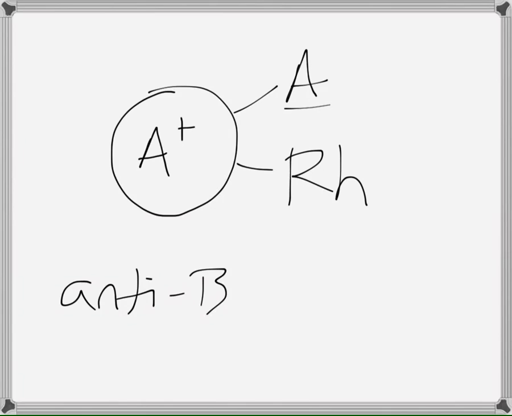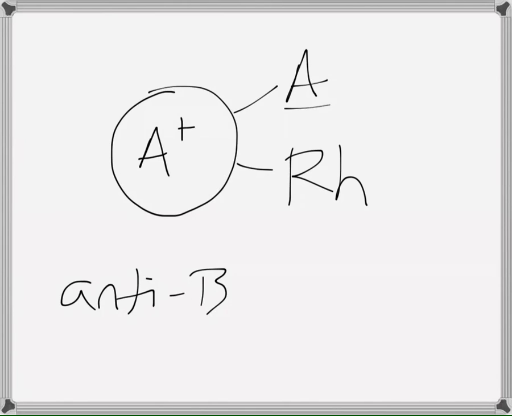The problem with that is, what happens if you receive the wrong blood type? If you are type A positive and somebody mistakenly gives you a B infusion, it's not good. Why?